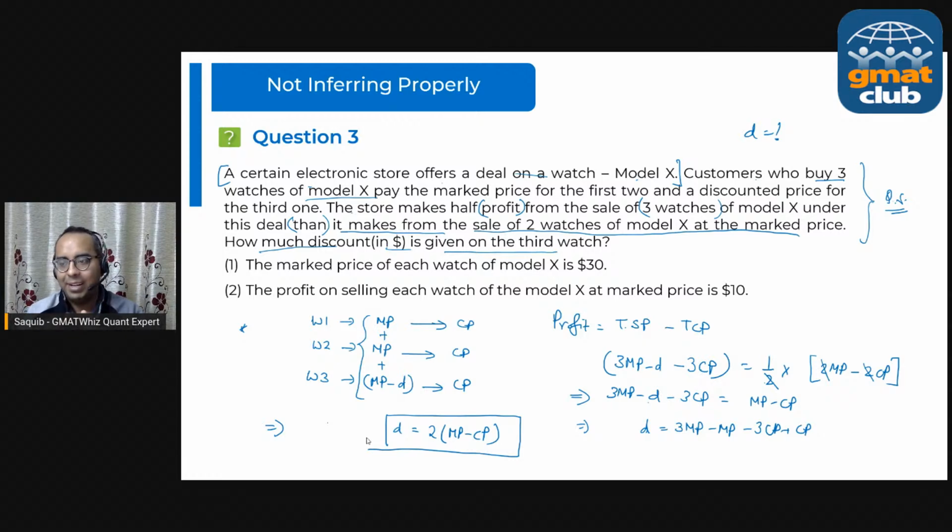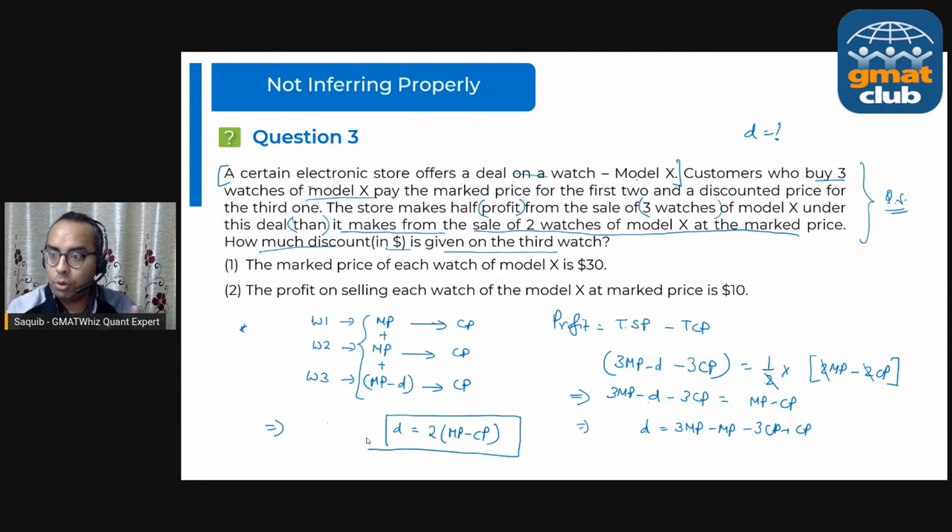Write it down in the chat box. Tariq says profit on one watch, profit per watch at MP, price and cost. Okay, good. So I have all the answers.